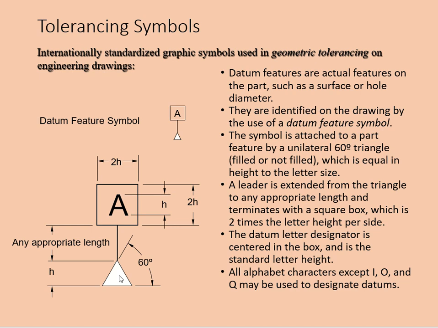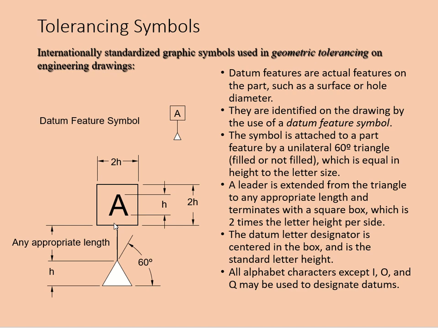That symbol's height is equal to your letter size, and the letter size is twice of that. Then your leader is extended from the triangle to an appropriate length, and you're going to terminate it at the square box, starting from the top vertex of that triangle all the way to the base surface of the square, which is your box, a square box, about 2 times of it.